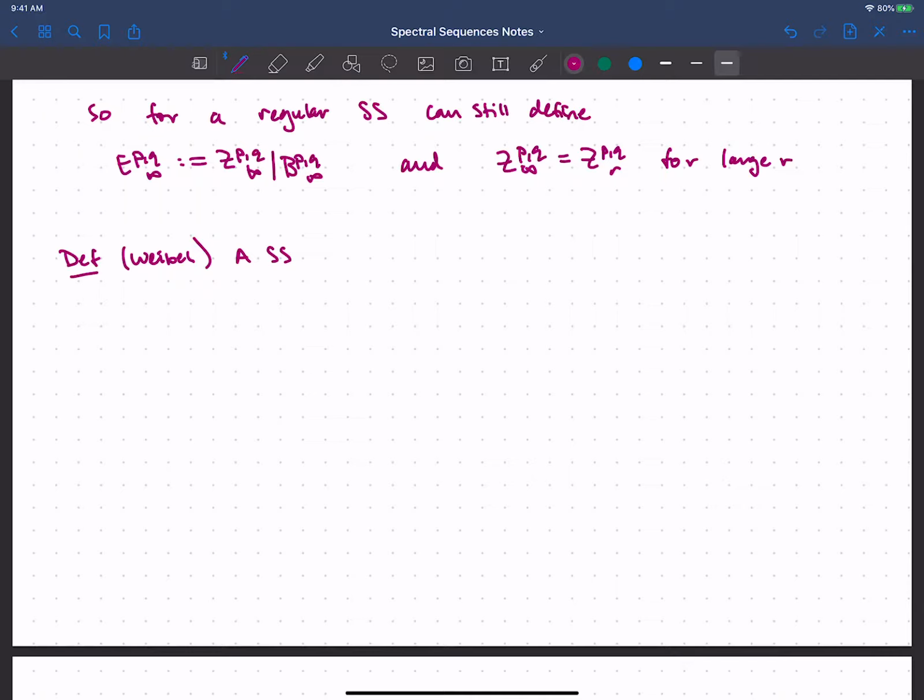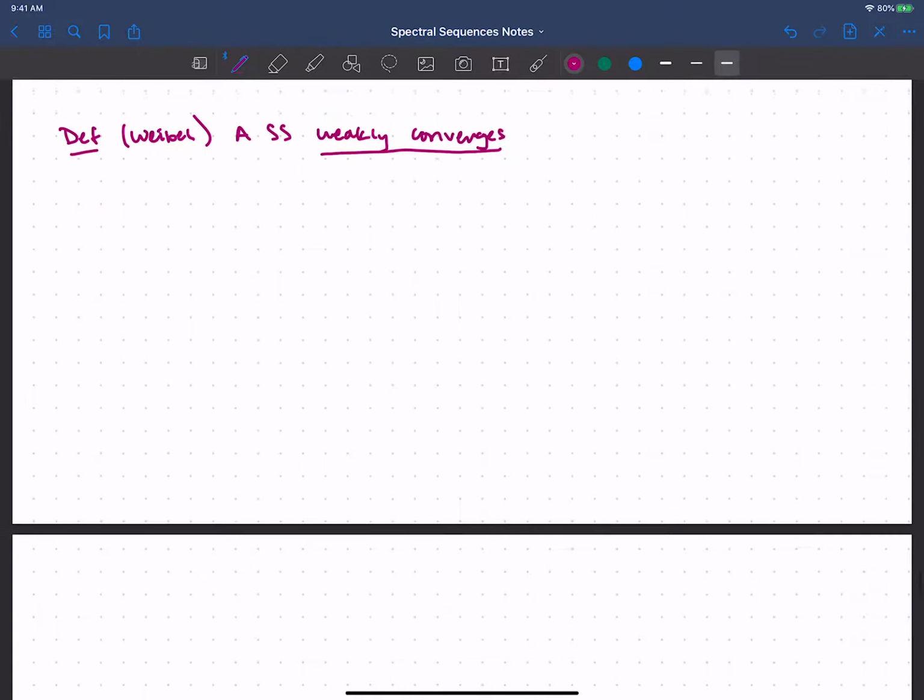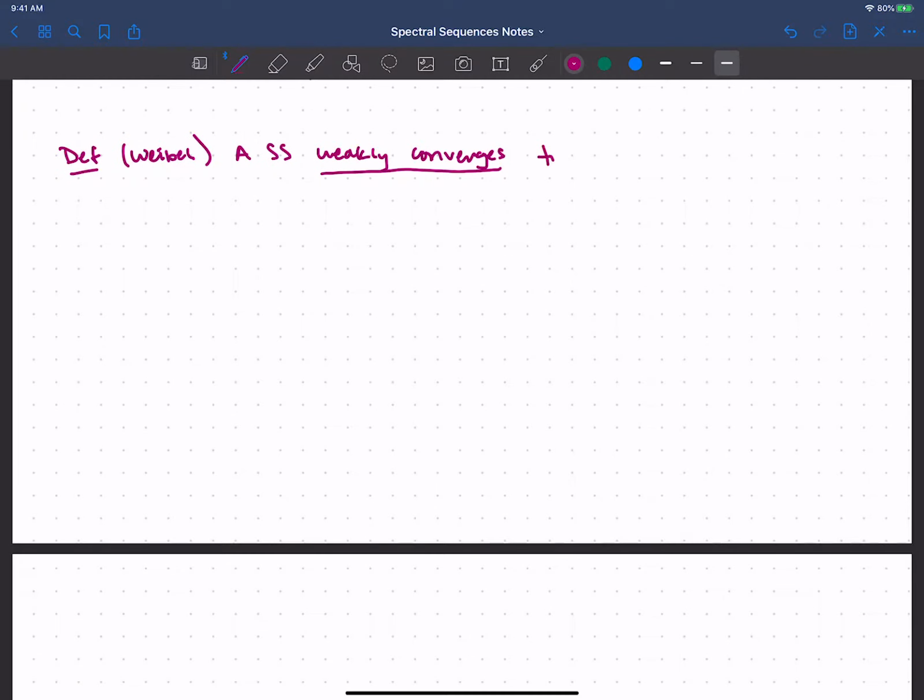He says that a spectral sequence weakly converges when, so I guess I'm just going to do a cohomology spectral sequence and not specify, but it doesn't really matter. You could just change the indices for a homology spectral sequence. So I'll say it weakly converges to some sort of cohomology, hopefully that we're interested in.